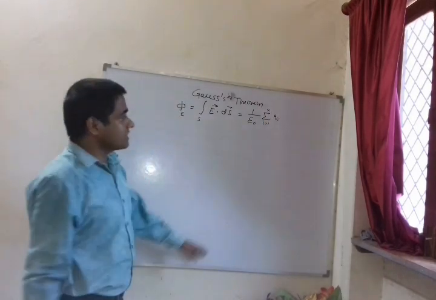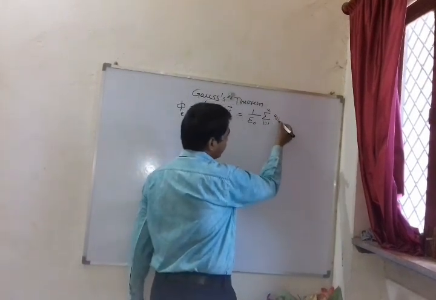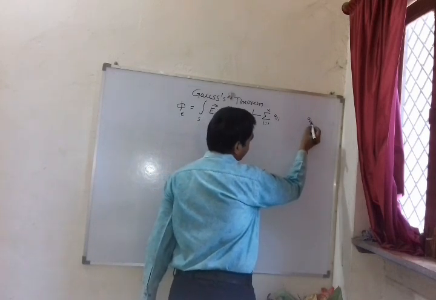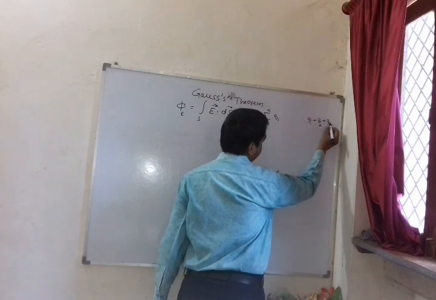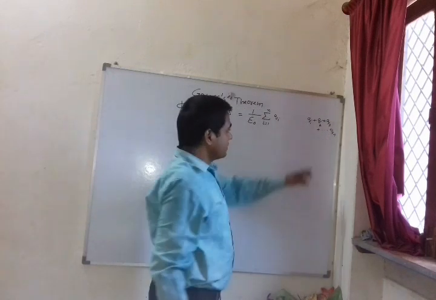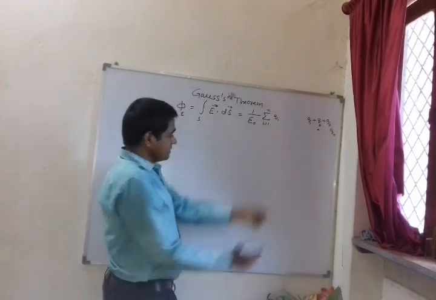Suppose our system consists of n number of charges, then the value of q i varies from 1 to n. Means here we have q1 plus q2 plus q3 and so on up to qn, and the summation is expressed in this form.